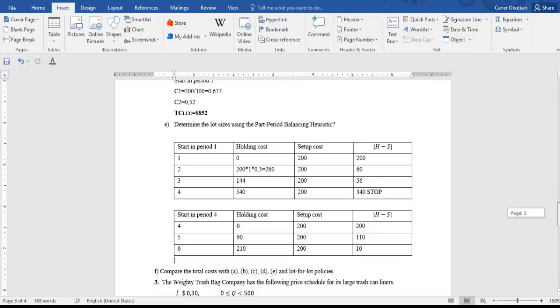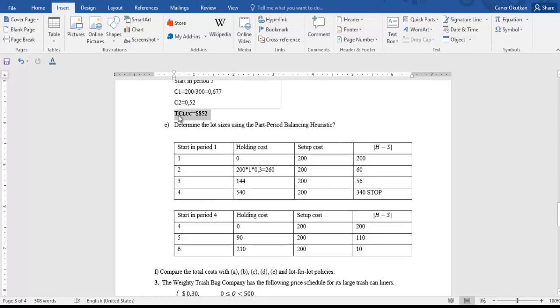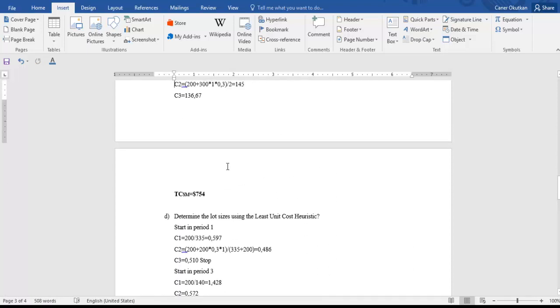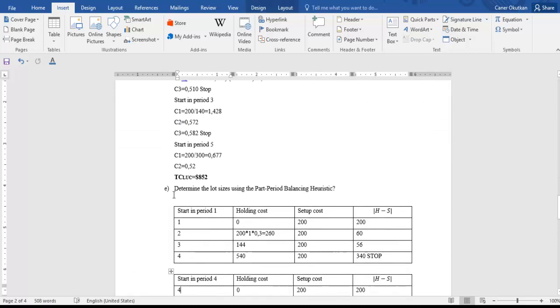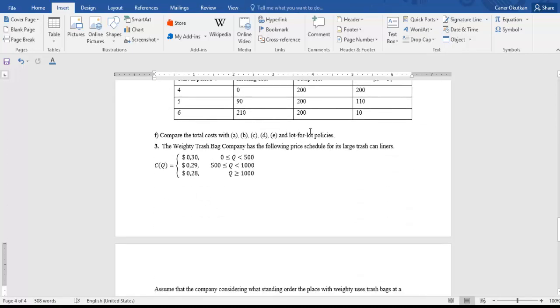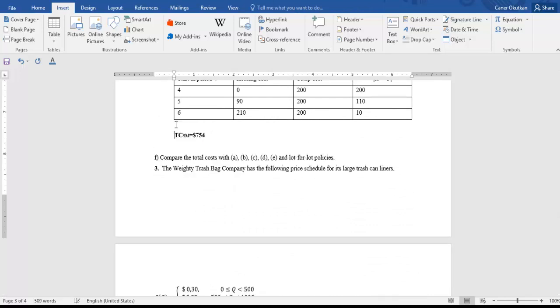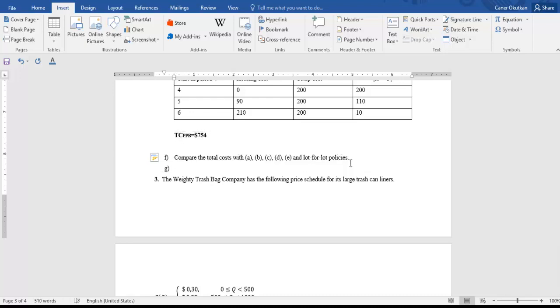So our total cost is same as Silver-Meal heuristic and Wagner-Whitin heuristic. Part period balancing. So our total cost 754. So compare total cost A, B, C, D, E.